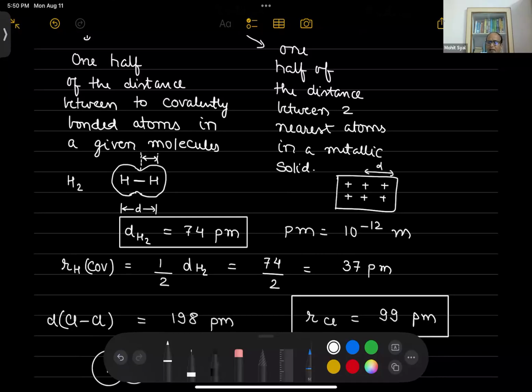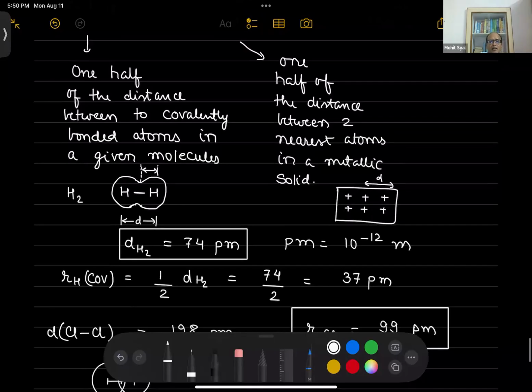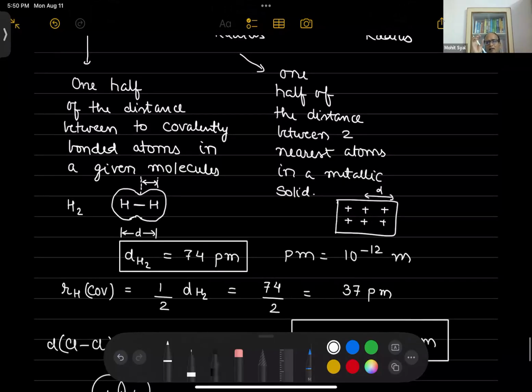Metallic radius will be larger than the covalent radius because in a metallic solid, the atoms are farther. In a covalent bond, only two atoms are joined and the covalent bond is stronger, so the atoms are nearer to each other, though it depends on other factors also.